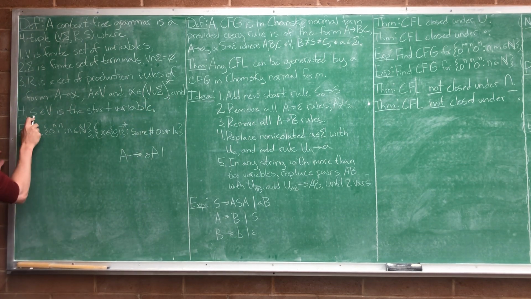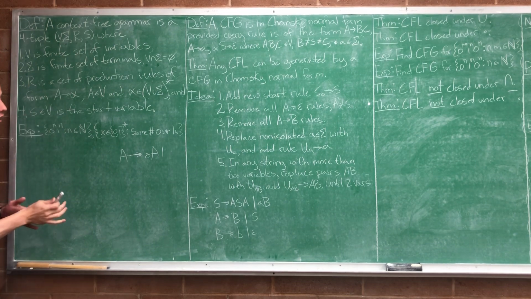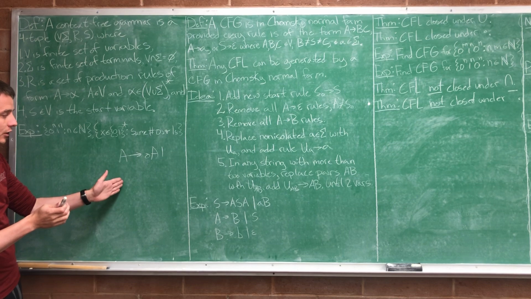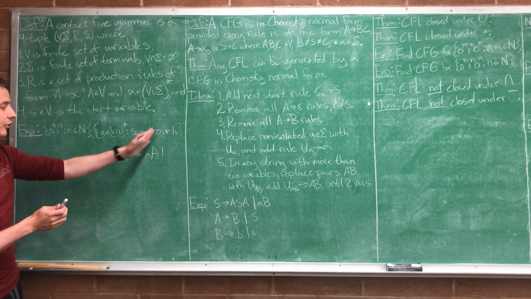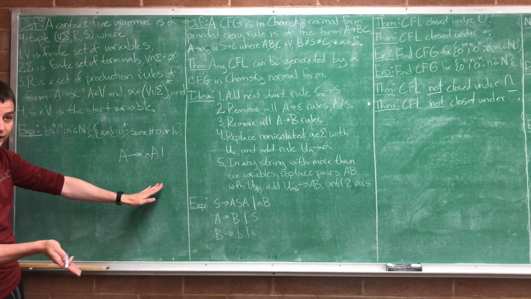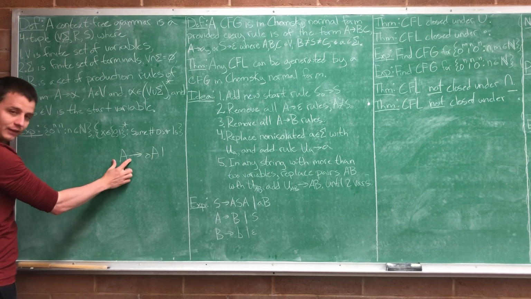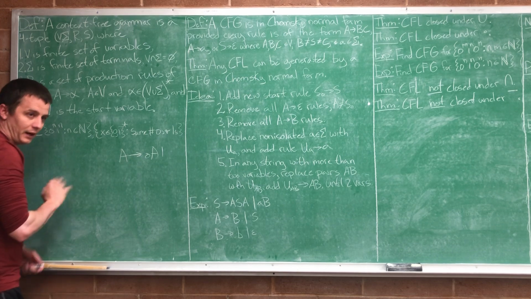And finally, S here is our start variable. So basically, for context-free grammars, the left-hand side of all your rules is just one variable. The right-hand side can be any combination of terminals and variables. That makes it a context-free grammar. The variable on the left-hand side is isolated. There's no context to it. It's by itself.